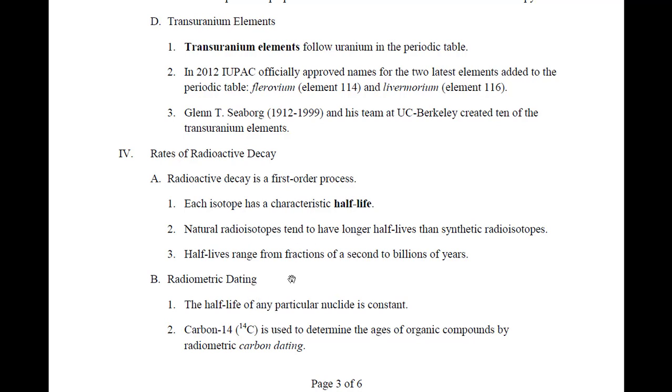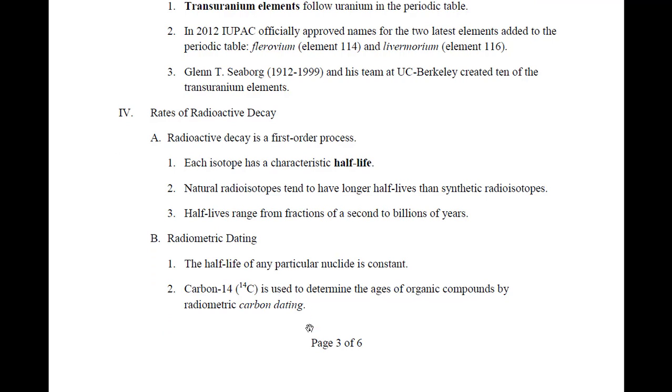But let's talk about radiometric dating then. The half-life of any particular nuclide is constant. And so if we want to determine the age of an organic substance, something that was alive, by the way, not just any organic compound, it has to have been alive at some point, we can use carbon dating to tell how old it was when it died.